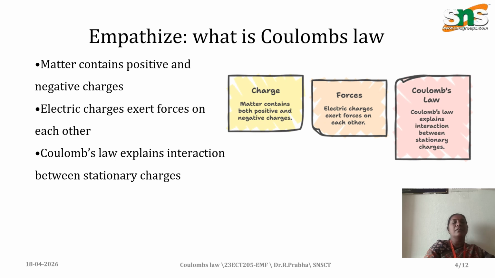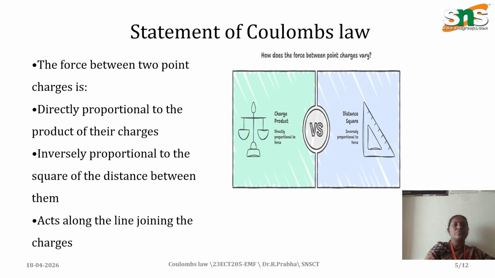Matter contains positive and negative charges. The electric charges exert force on each other when they are in a static electric field. So Coulomb's law explains how the interaction happens between stationary charges, or charges which are at rest, in the static electric field.